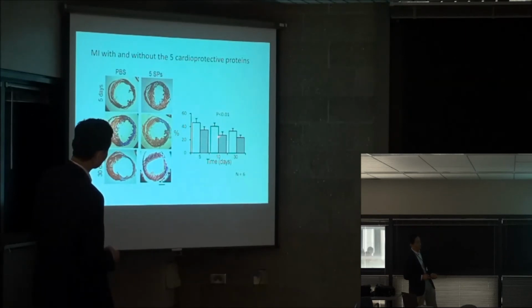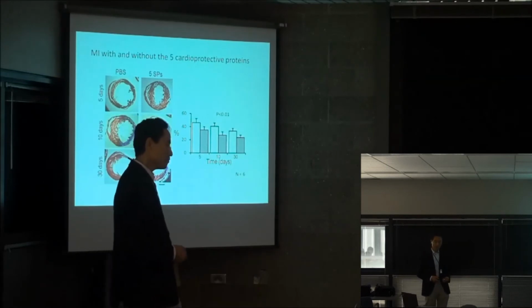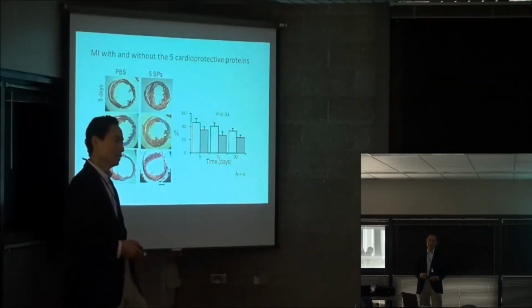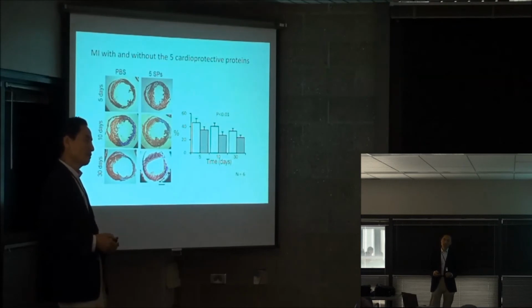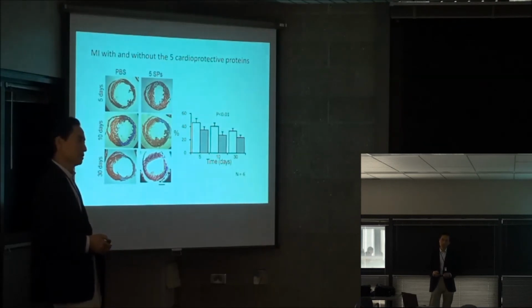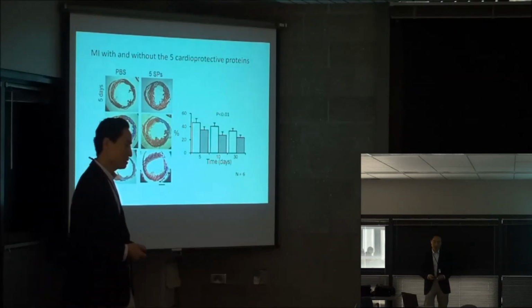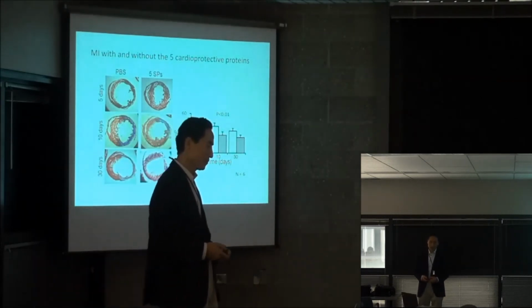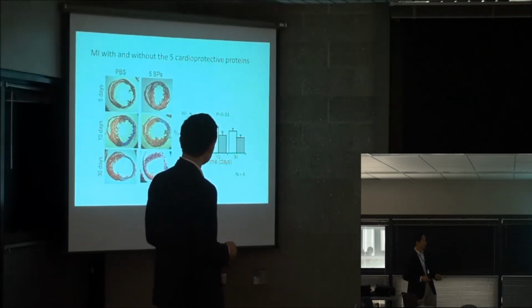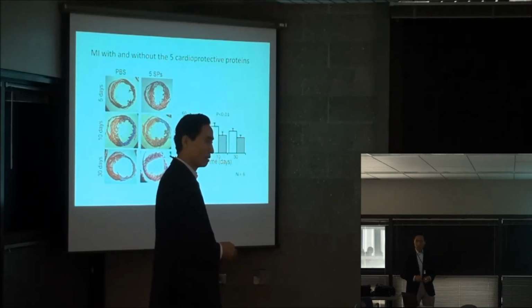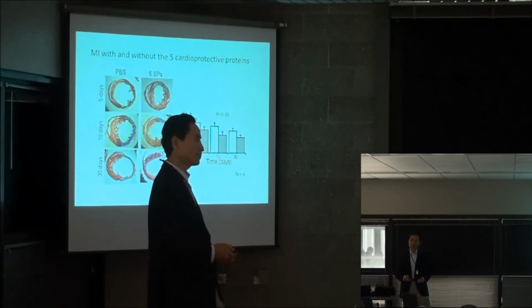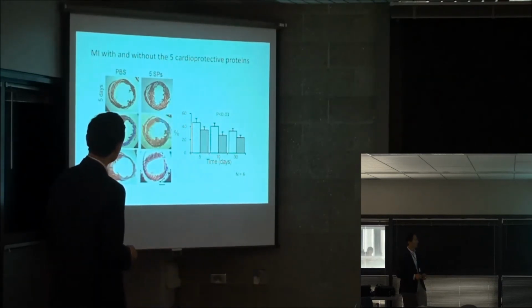This is the analysis showing a statistically significant reduction in myocardial infarction. So the conclusion was that we can use a combination of the 5 liver-derived secreted proteins to reduce myocardial infarction. This has implications for clinical application, so currently we are developing some of the liver-derived proteins for human applications.